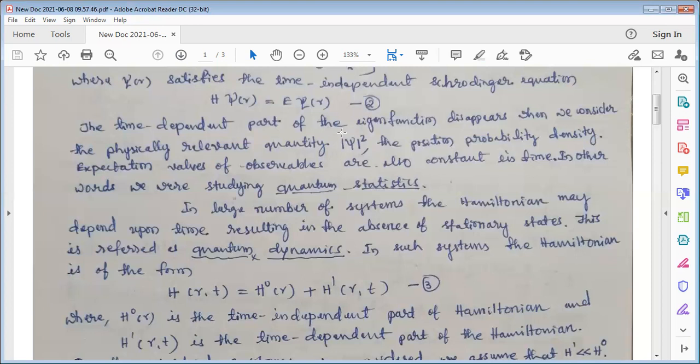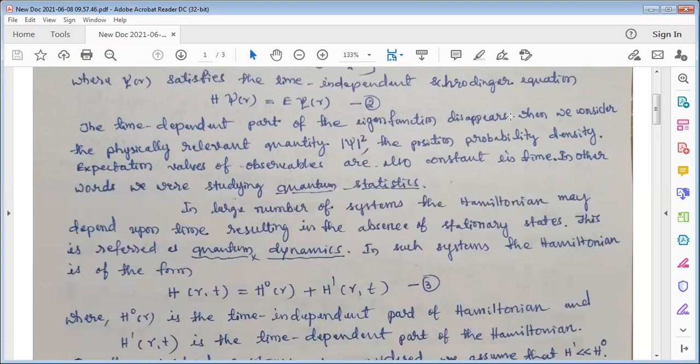That is your limitation. Because of this reason, this time dependent part of the eigenfunction disappears, meaning you are neglecting it when you are concentrating on this quantity psi square, which is the position probability density.